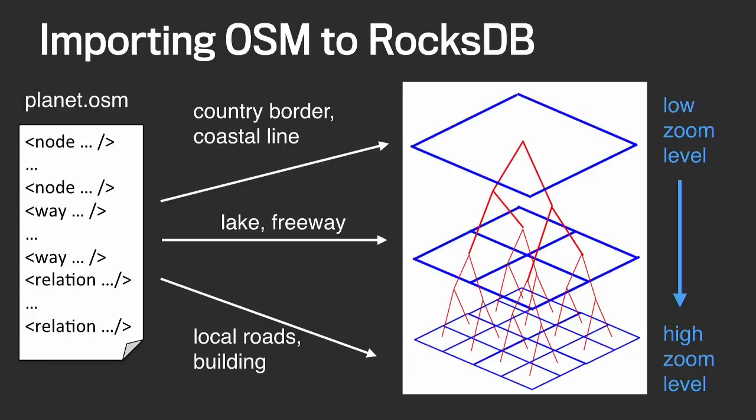For example, country borders and coastlines go to the lowest zoom level. Freeways go to the middle. And if you zoom to the highest level, then you see local roads and buildings. But they don't have to be at the low zoom levels, to save space. A lot of engineering work went into this importing pipeline, and we tried to optimize speed as well as spatial efficiency as the final result.